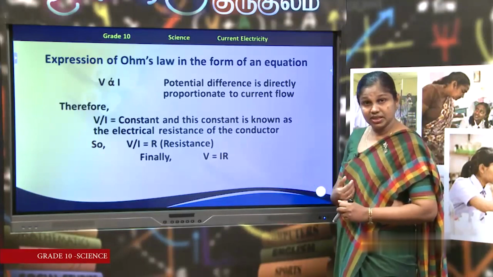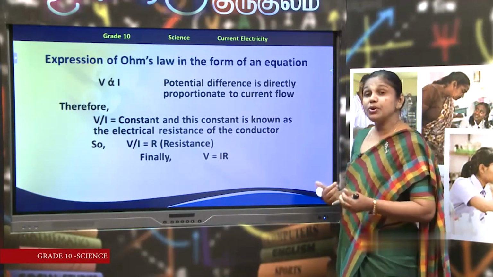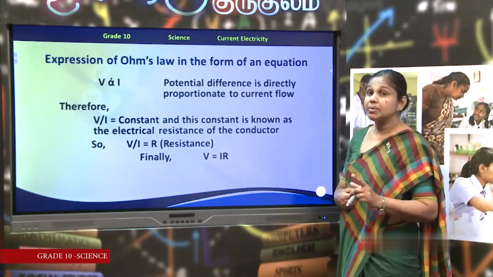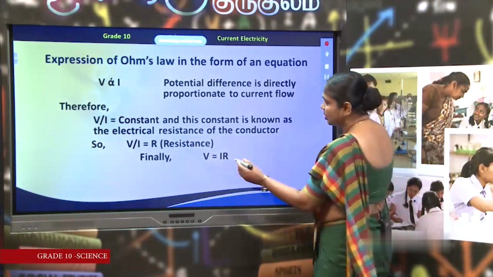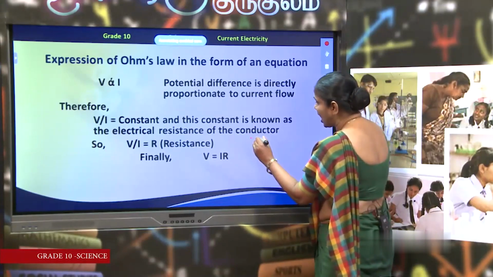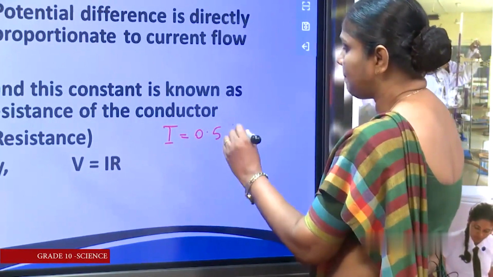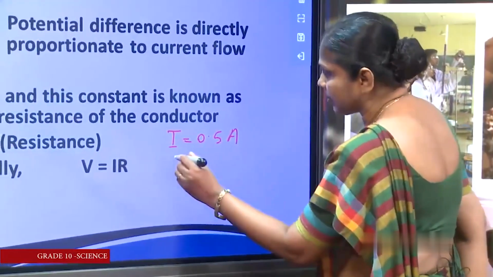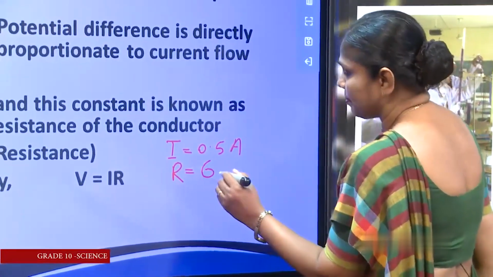By using this equation, children, if you know the current flow I and the resistance of the conductor R, you can easily find the potential difference V. Right, children, suppose in a particular circuit, the current flow I equals 0.5 amperes and resistance R equals 6 ohm.